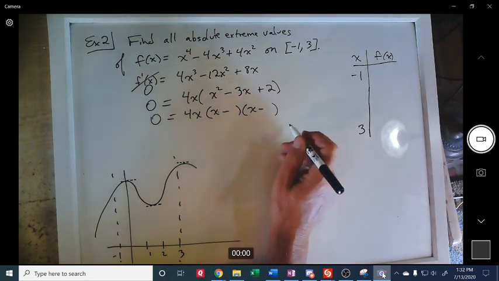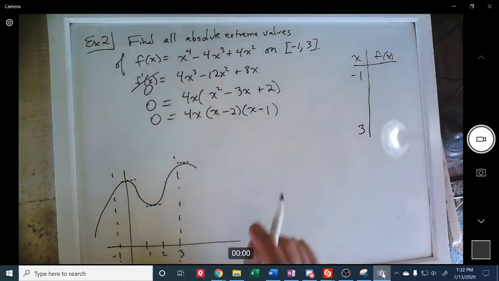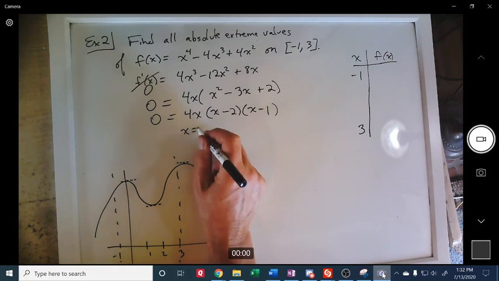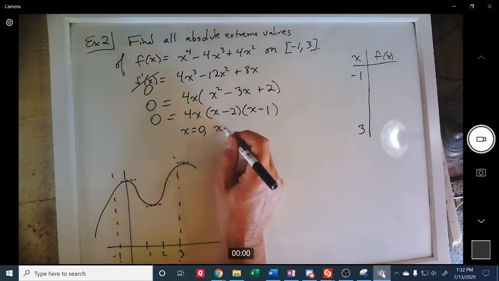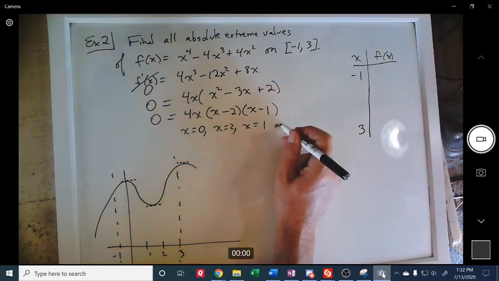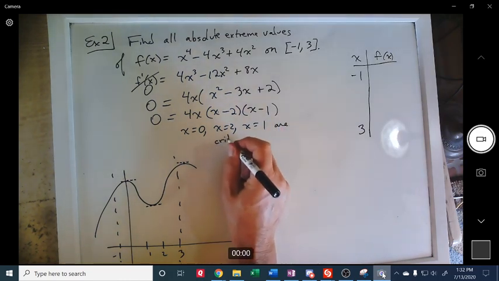Both of them have to be minus, to multiply to be a positive, 2 and 1, to give the correct middle term. So the three solutions are x equals 0, x equals 2, and x equals 1. These are all critical points.